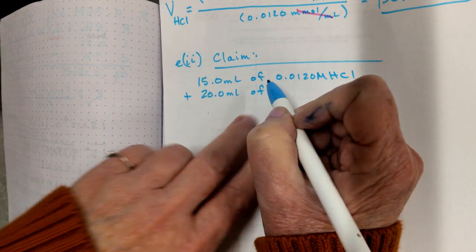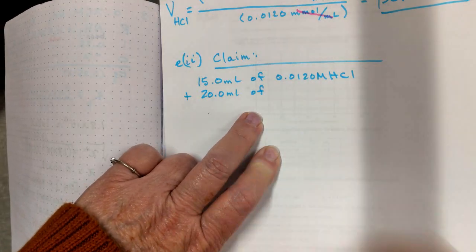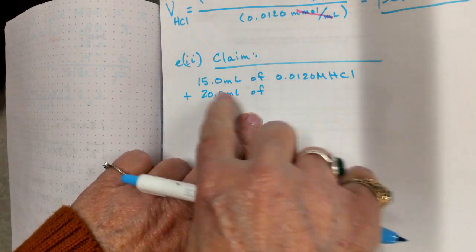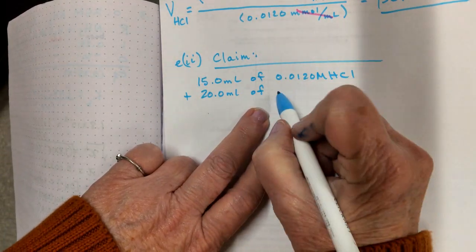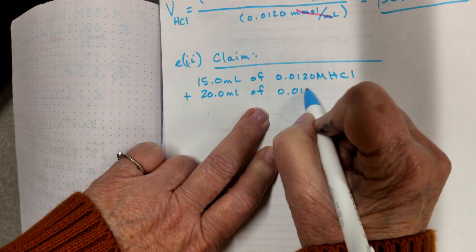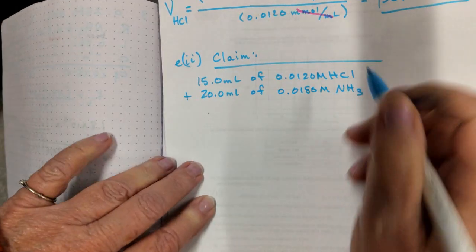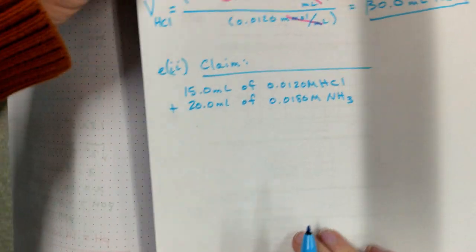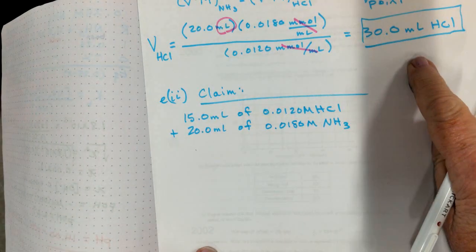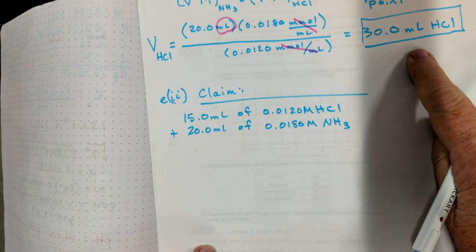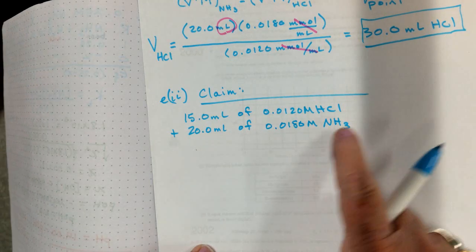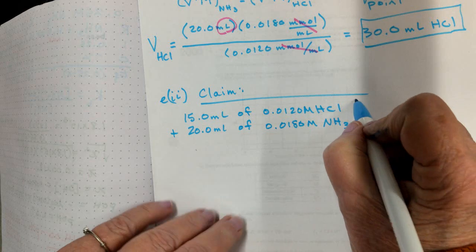They've changed your problem on you, so we're not going back to, we're going to act like we've just added this to that all over again. 0.0180 molar ammonia. And I already know from part 1 that I'm not at the equivalence point. So I'm going to have some of this left over. HCl is limiting.